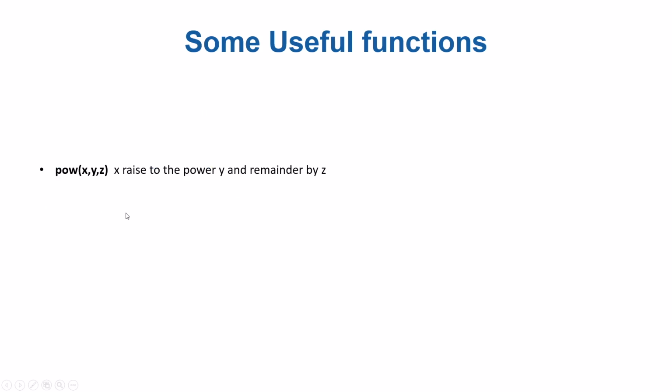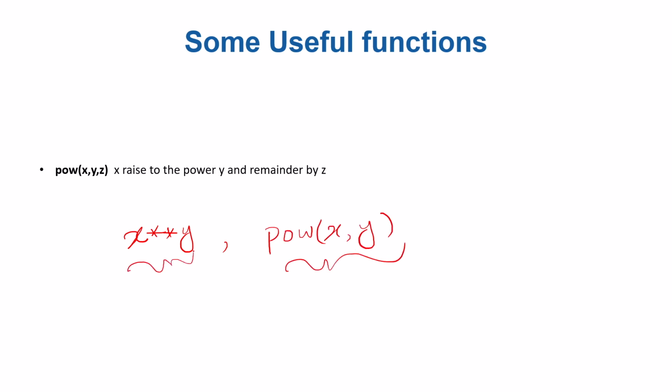Next function is power. You can compute power, by the way, using for example, if you want to compute x raised to the power y, you can use double star, and that computes exactly x raised to the power y. Or equivalently, you can call the function pow(x, y), and that will give you the same result as this one.